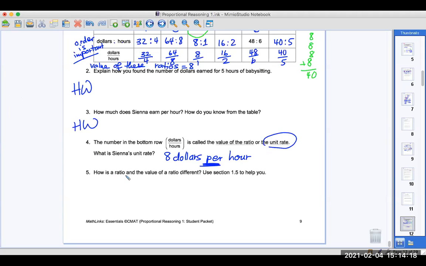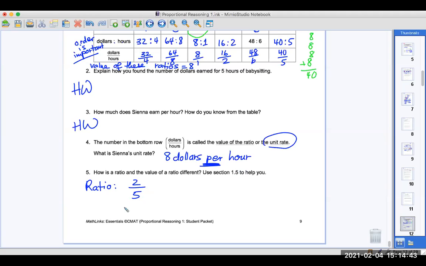How is the ratio and the value of a ratio different? Section 1.5 is the one in the back with all your words, the vocabulary list, and you can also go to your very first page, where we wrote them all down. So a ratio is a comparison of two numbers. You can write it as a fraction. This is a ratio. It's a fraction.